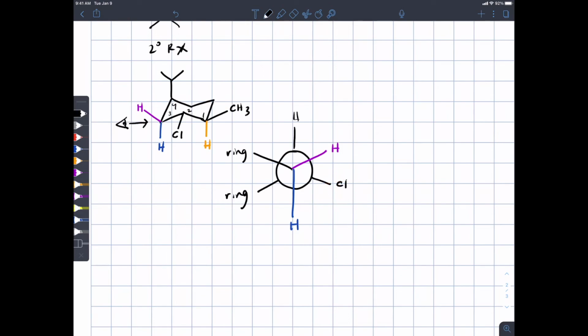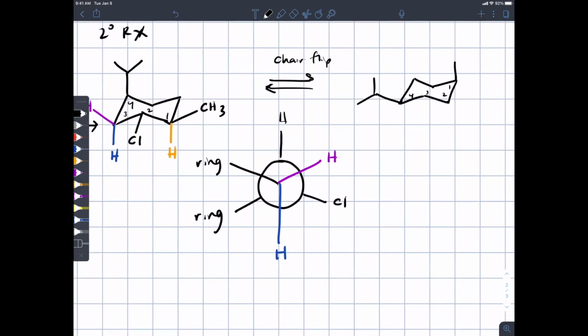But if we can flip chairs, we can make it so that if we flip the chairs, we can convert that down equatorial chloro group on carbon 2 to a down axial chloro group on carbon 2.